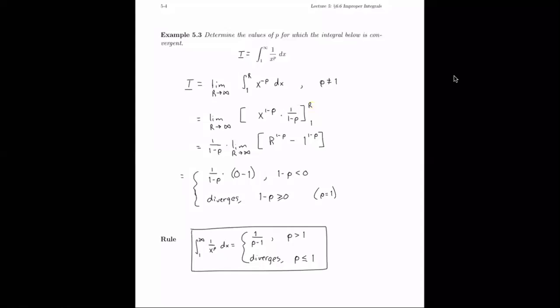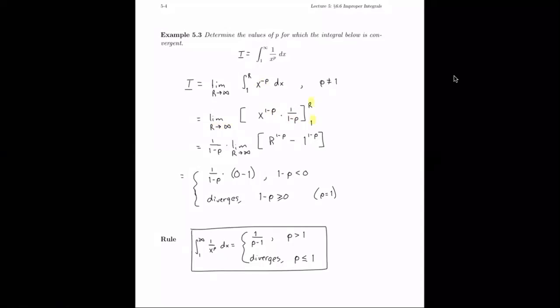To recap, we've got the limit as r goes to positive infinity of x to the 1 minus p. Our antiderivative has allowed us to add 1 to this exponent, and we divide by this new power, that's our factor of 1 over 1 minus p, and our limits of integration are from 1 to r.